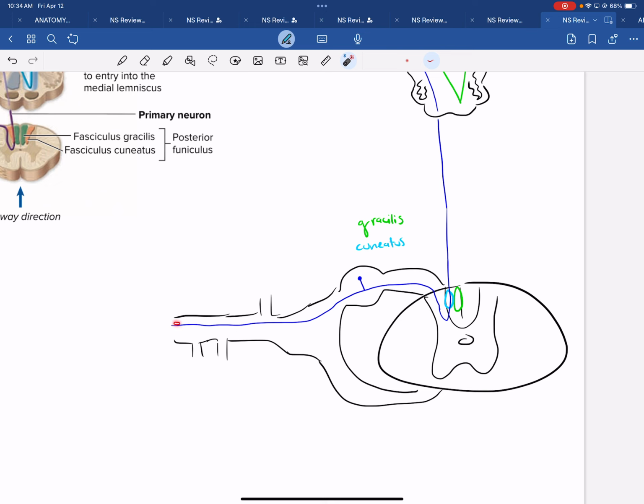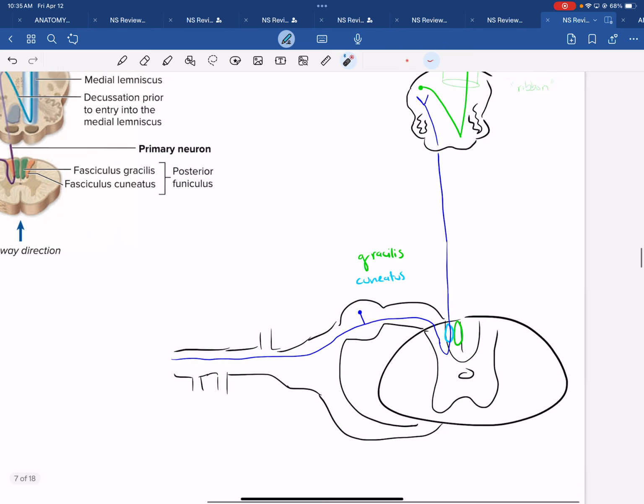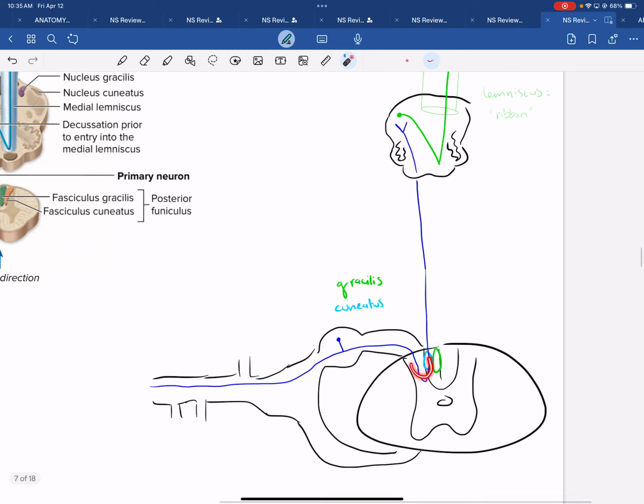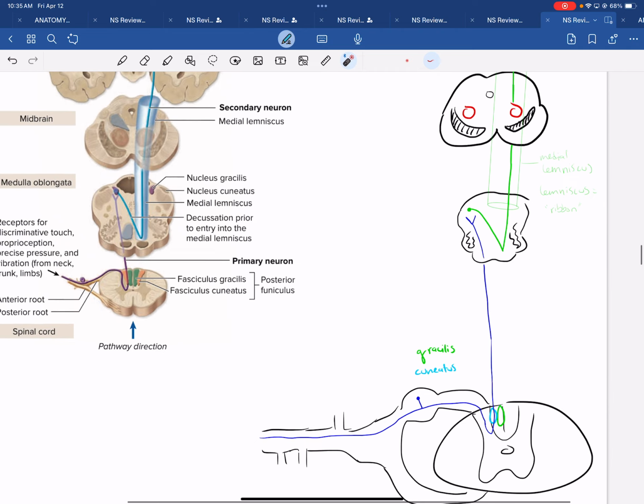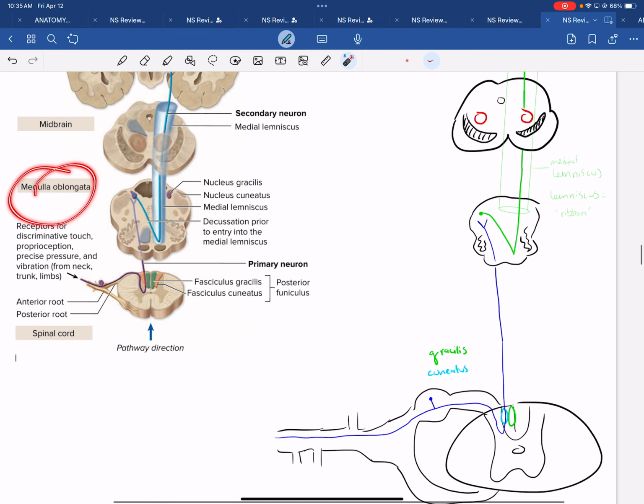So you have a first order sensory neuron coming in, and it goes through one of these depending on where in the body, upper body or lower body, and then it goes up and reaches the medulla oblongata.